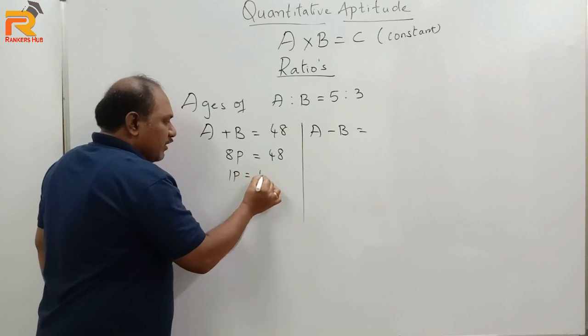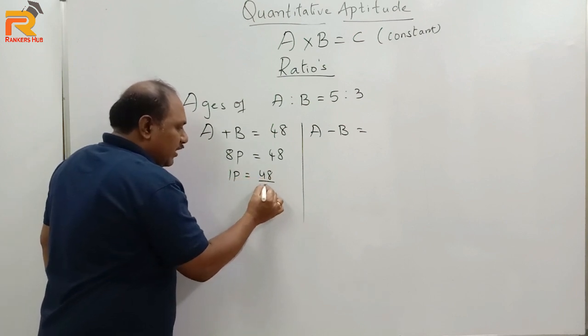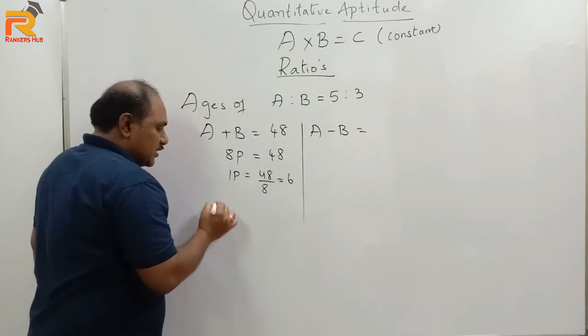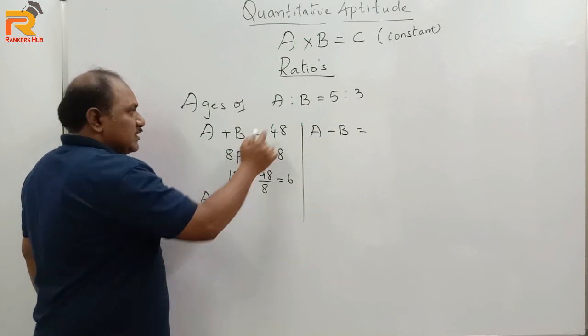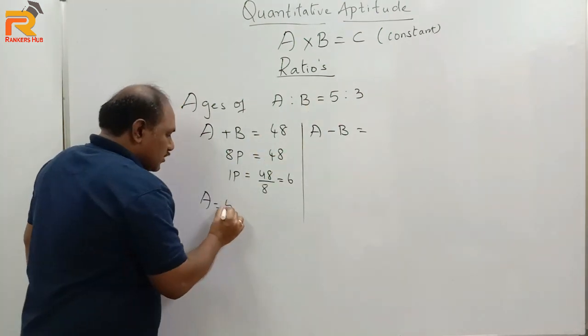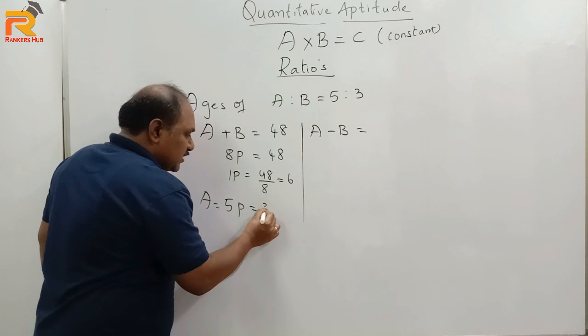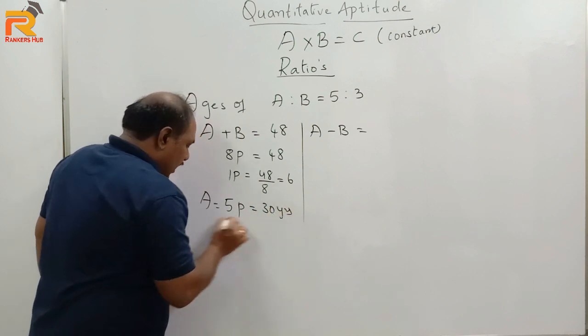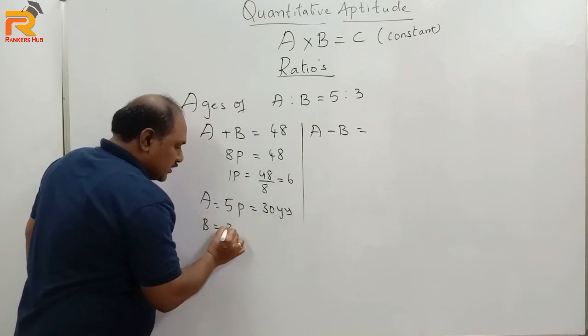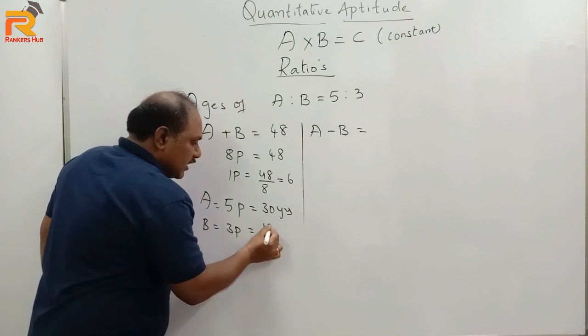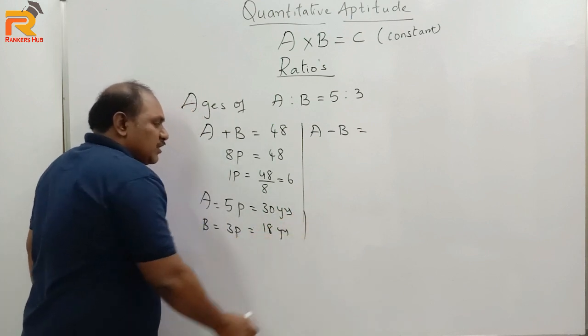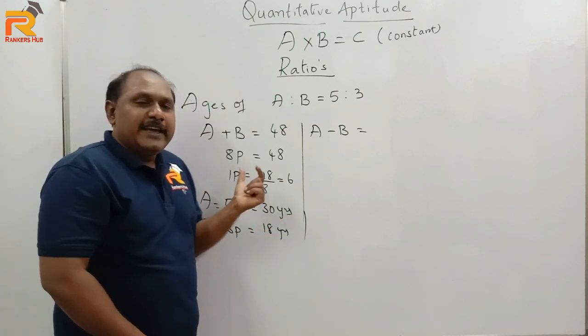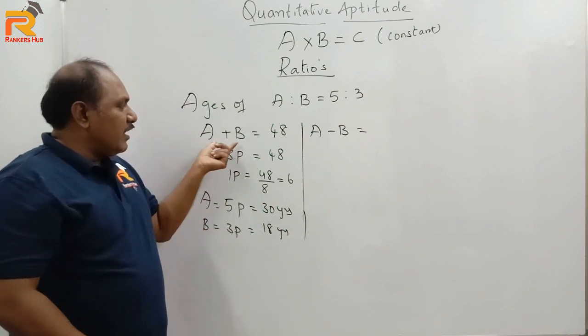One part will be 48 by 8, which is 6 years. A is 5 parts, so 5 into 6, 30 years. And B is 3 parts, 3 into 6, 18 years. So this is how we can find the actual ages of A and B when we are given the sum of their ages.